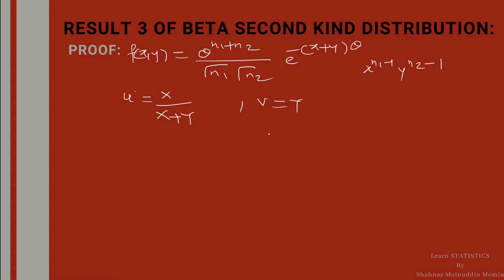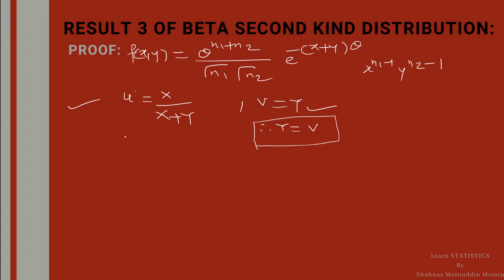Now I will calculate the values of the old variables x and y in terms of the new variables u and v in order to obtain the joint PDF of u and v. Therefore y equal to v. From this relation we get one relation. Now we will obtain the value of x by using this relation.